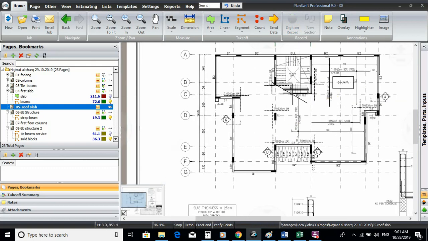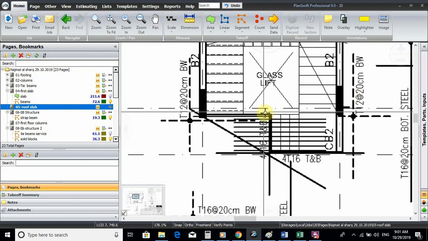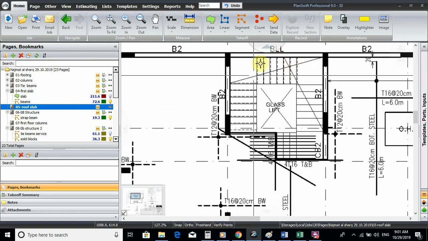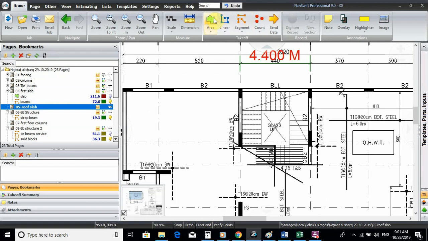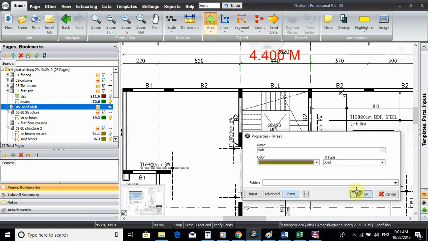We'll do the same thing here. Here the edge of the slab is at the end of the stair, because this area X is void. So let's do slab again. Make it like this.